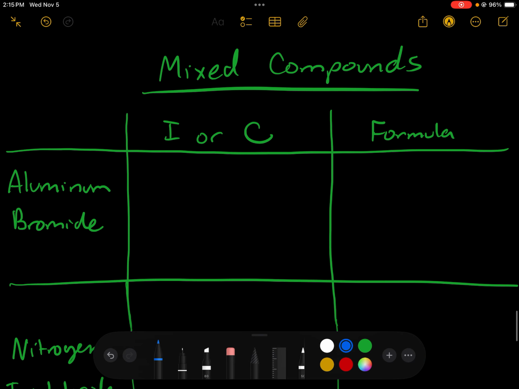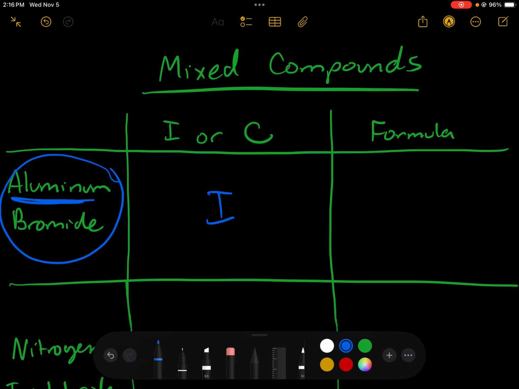Now, if you are not directly told ionic or covalent, it is still possible to figure that out and make the formula correctly. You just have to do a little bit of thinking. So in our mixed compounds, my first compound is aluminum bromide. If you recall, I said that to determine if you're looking at an ionic compound, you need to look for a metal or a positive ion. Aluminum is a metal.